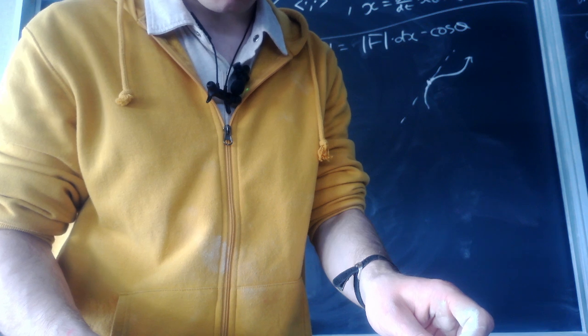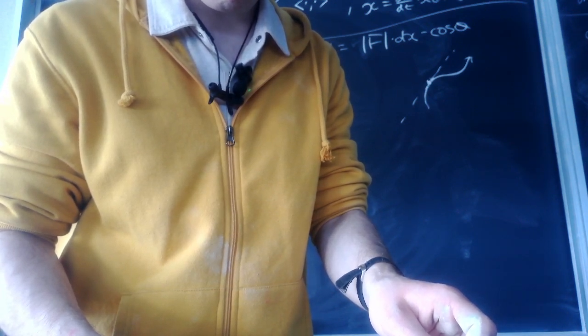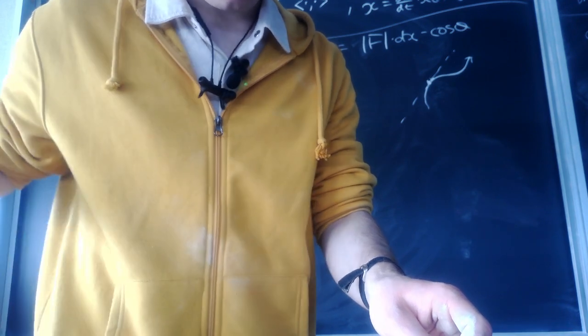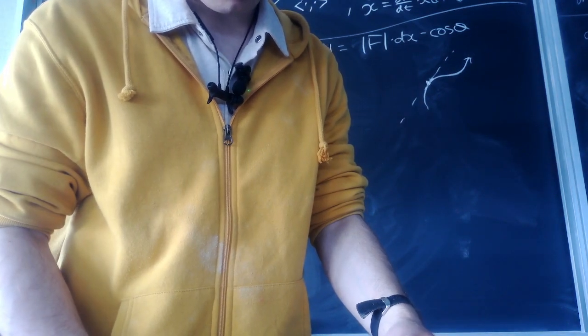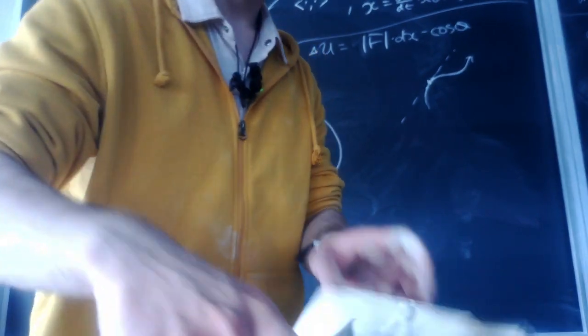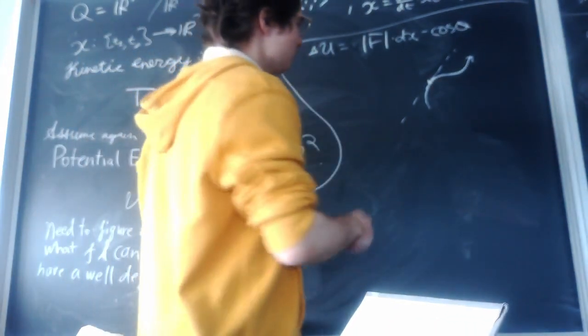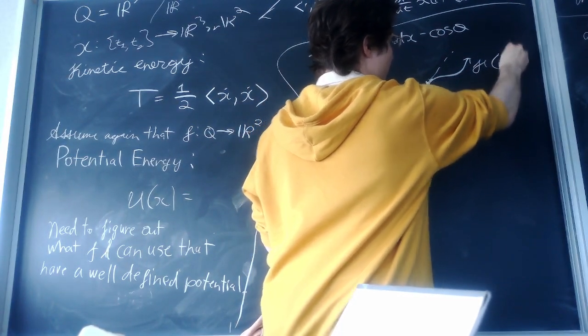Sorry, let me think about this. So suppose my path is gamma of t, right?